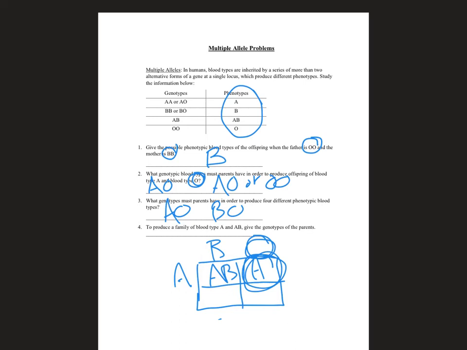And then this right here is going to come down. Well, do any of the offspring have type B blood? No, which means you know this also has to be an A. And that is how you would get 2 offspring with type AB and 2 offspring with type AO. The parent genotypes would have to be AA and BO.